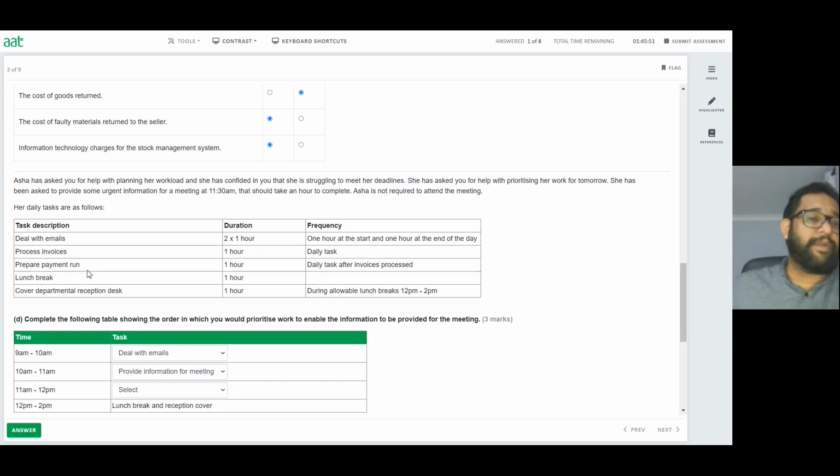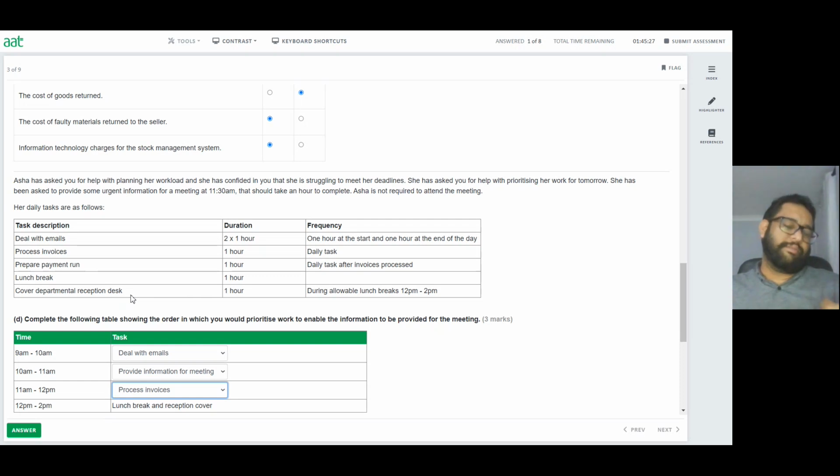You cannot prepare the payment run without processing the invoices first, so invoices have to be prioritized next. Then she is probably able to prepare the payment run later in the day if possible, or it has to be done on the following day, because sometimes if we cannot do them, you just let it run to the next day.